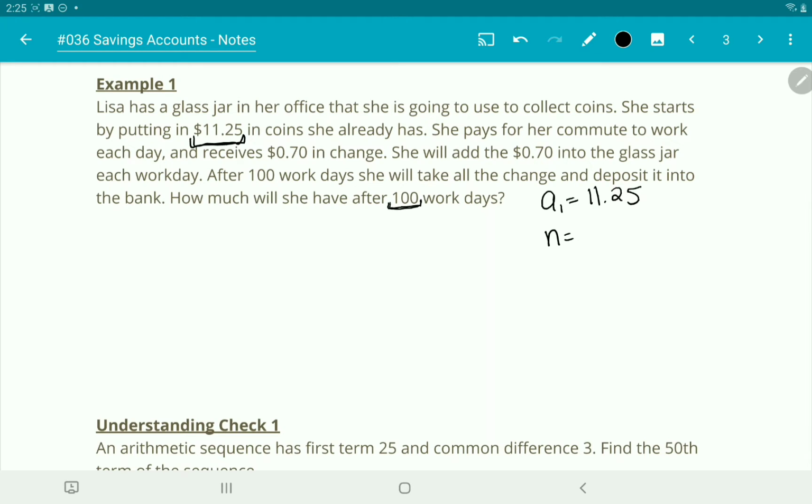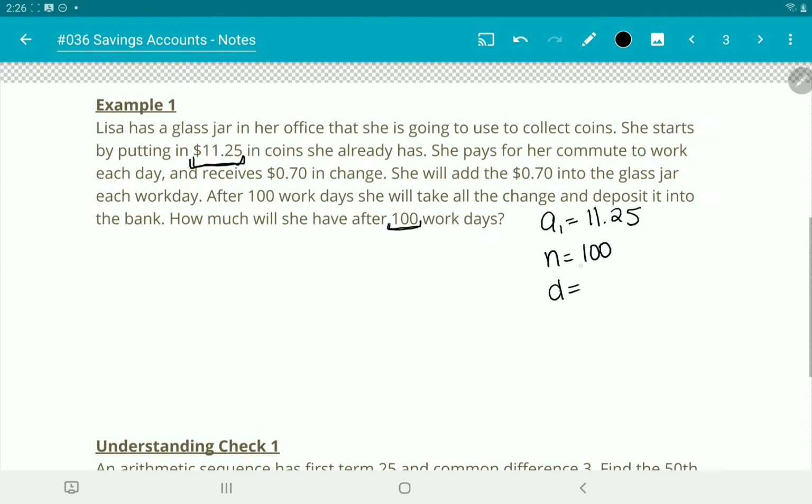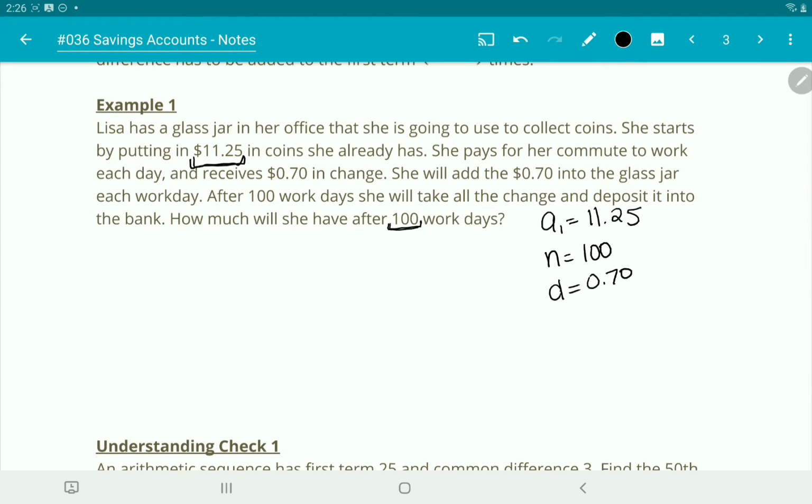So we're looking at after 100 days. Okay? And then the difference, the d, is going to be how much she's adding each day. So she's adding 70 cents each day. If she were taking it out of the jar, you could make it negative, but since she's not, we're going to keep it positive. And so we're going to start out by stating the formula.